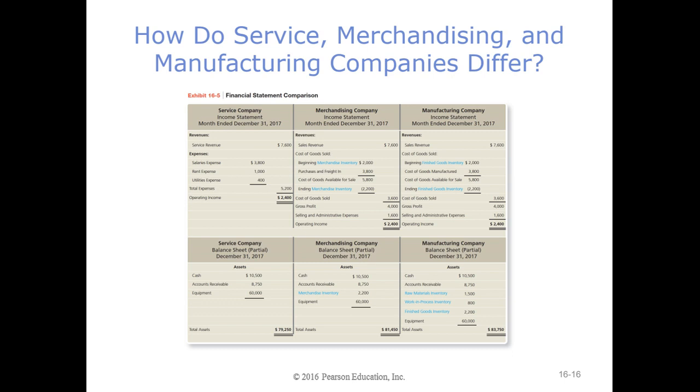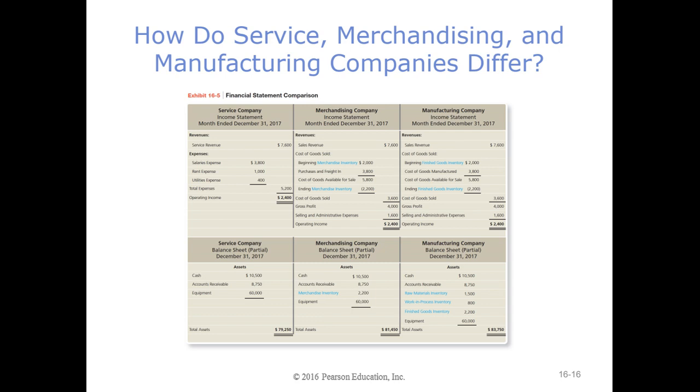And this is more of a visual here. On page 836, in chapter 16, we've got 3 different types of companies. This is our financial statement comparison for each of them: a service company, a merchandising company, and a manufacturing company. They all have the same revenue, $7,600.